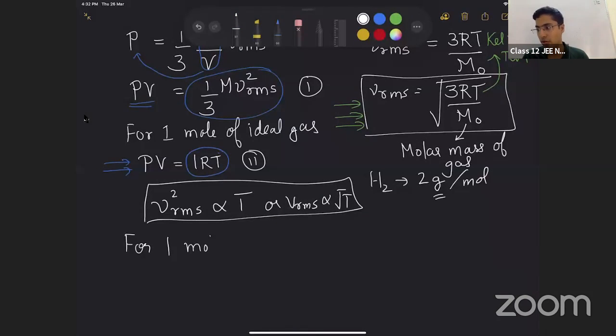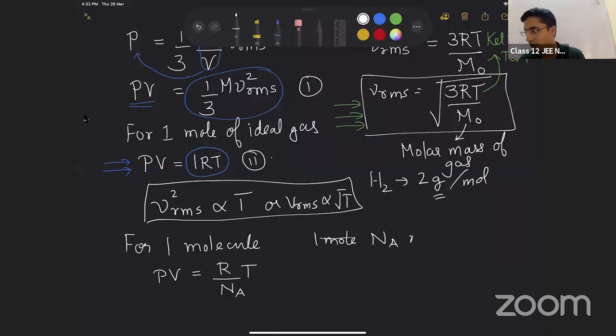for 1 molecule, this expression PV, 1 molecule means 1 by Na moles, becomes R by Na into T. Why? Because Na molecules is 1 mole, so one molecule is 1 by Na moles.